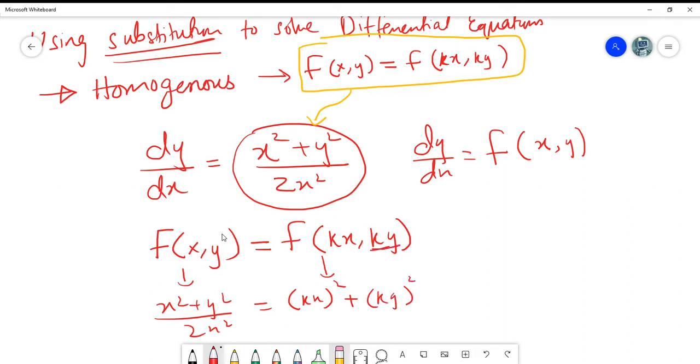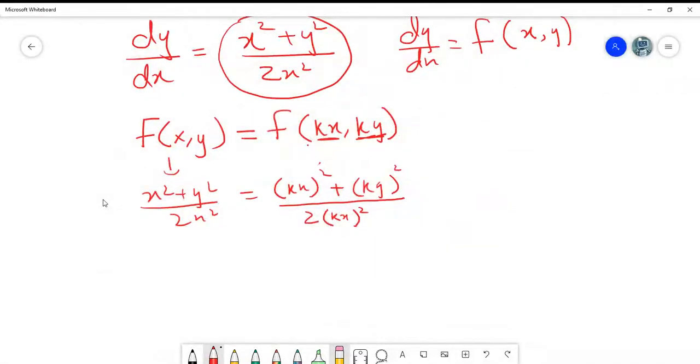Remember, I'm plugging in kx in place of x, and ky in place of y, over, as you can see, it's dividing by 2x squared, so I'll rather write 2 times kx whole squared. Now, if I simplify this side, I end up with k squared x squared plus k squared y squared over 2k squared x squared.